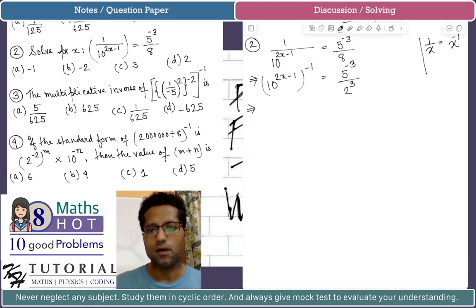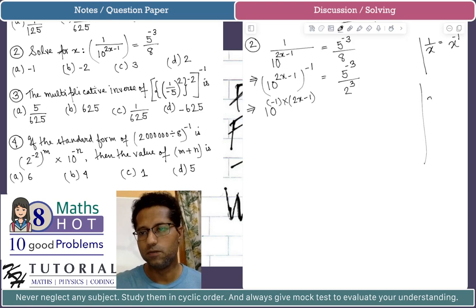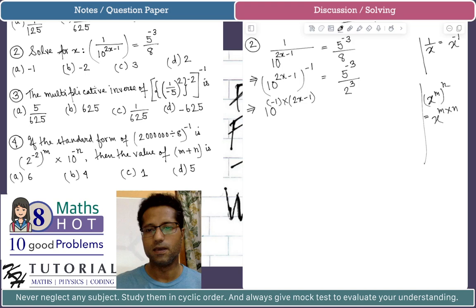So this is 10 to the power minus 1 multiplied by 2x minus 1, because if x is a non-zero rational number, then x to the power m, that whole raised to the power n, is equal to x to the power m multiplied by n.